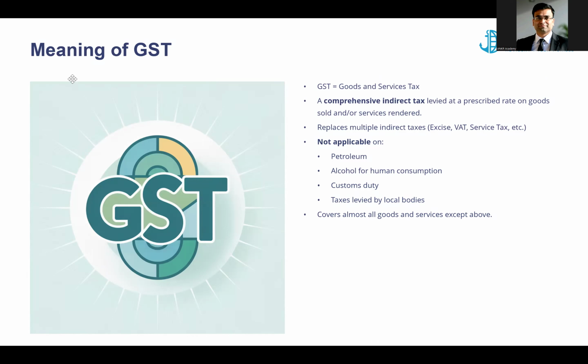So now what government has done a few years back is they have come up with a single tax regime, which is goods and service tax, and which replaces all indirect taxes. So GST replaces all the indirect tax, right?